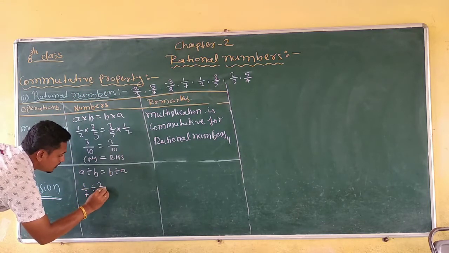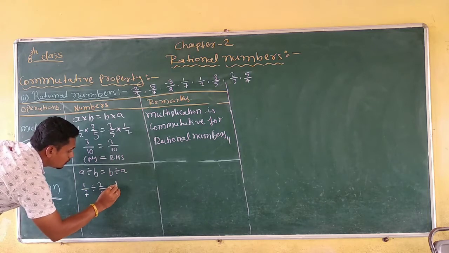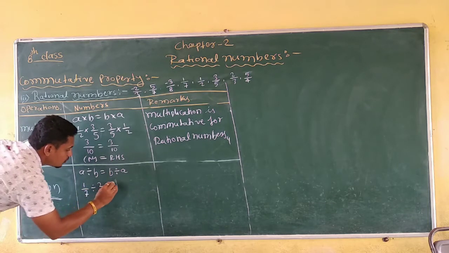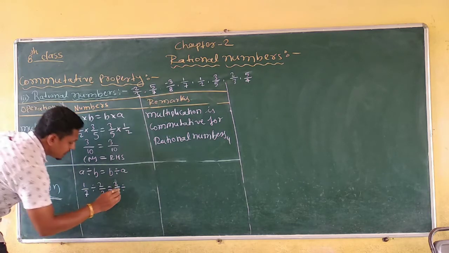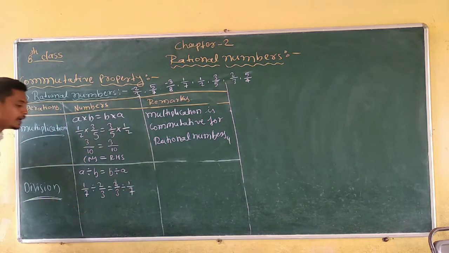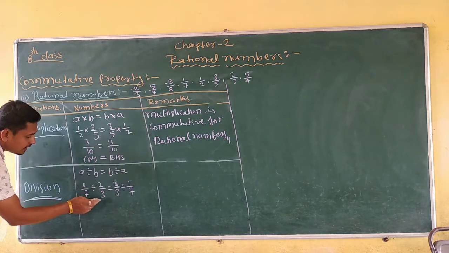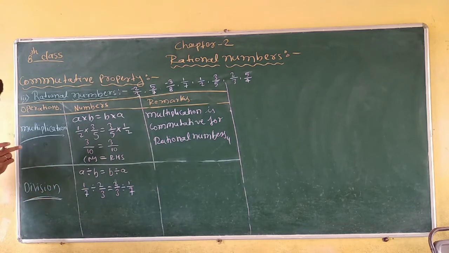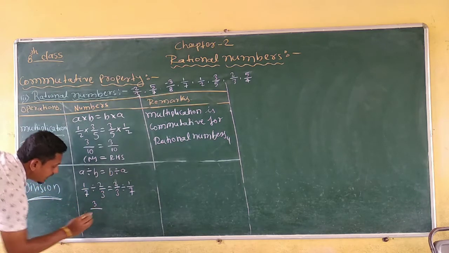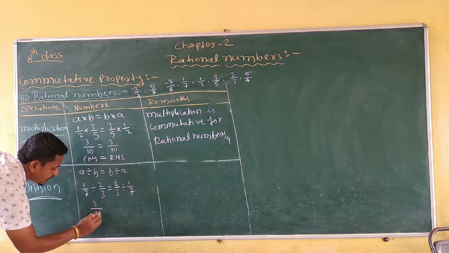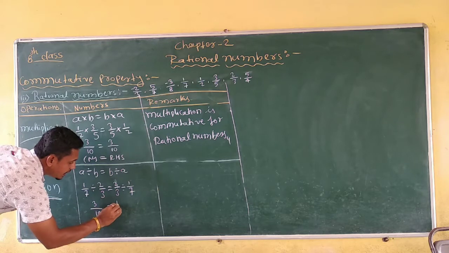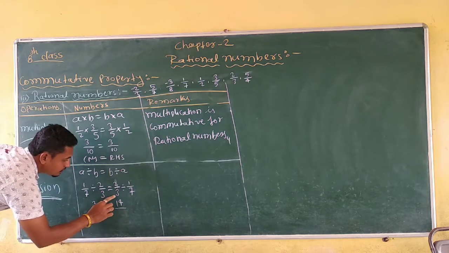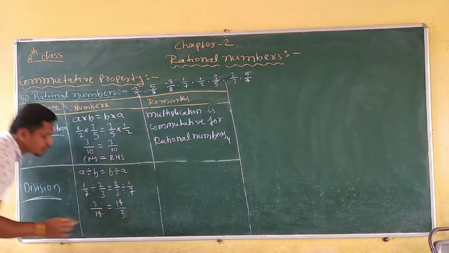So 2 by 3 divided by 1 divided by 7. Check here: 3 into 1, 3. Next 7 into 2, 14. So 14 divided by 3.